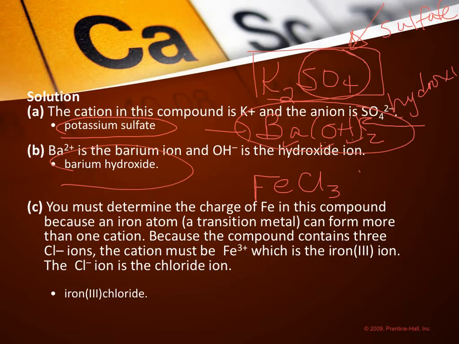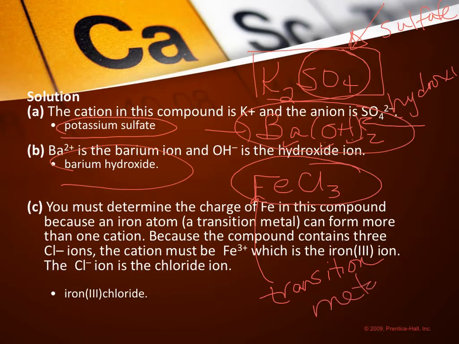Now C, hopefully you caught that iron is a transition metal, and therefore we need to figure out what the charge on the iron in this compound is so that we can incorporate that into the name. You always start by figuring out the charge on the transition metal by first figuring out the total negative charge in the compound. Chlorine is a halogen in group 7A. Halogens, when they become ions, always have a charge of -1.